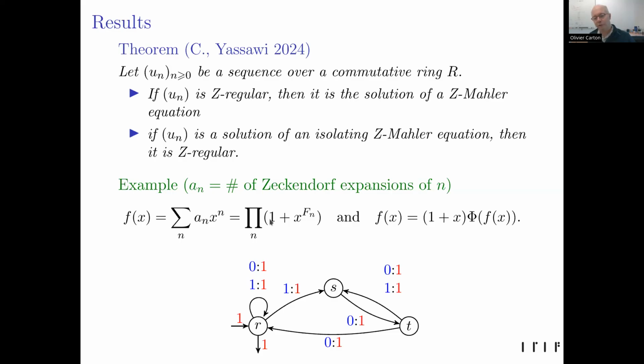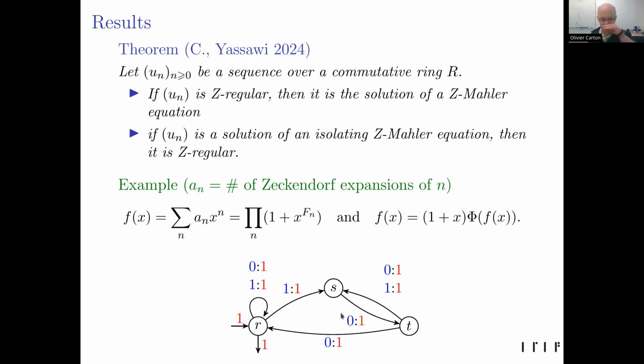Using this product, when you apply big phi, it will shift all the f_n to f_(n+1). Therefore, you can see that f of x is equal to the product of 1 plus x times f applied to f of x. So f is the solution of this Z-Mahler equation, a really simple equation.